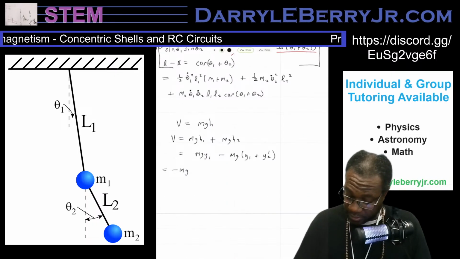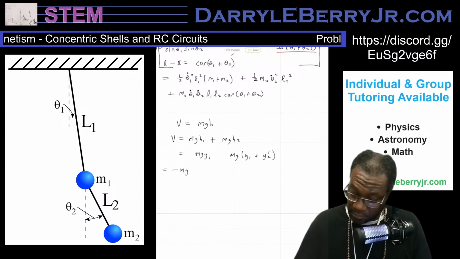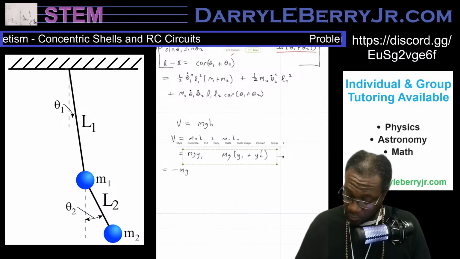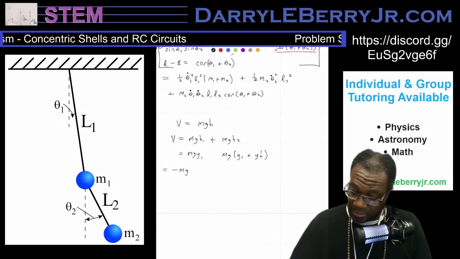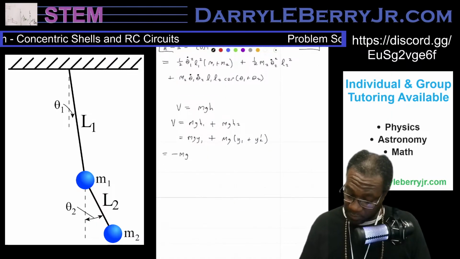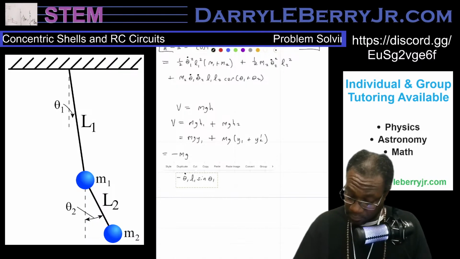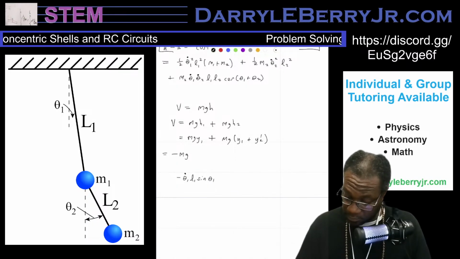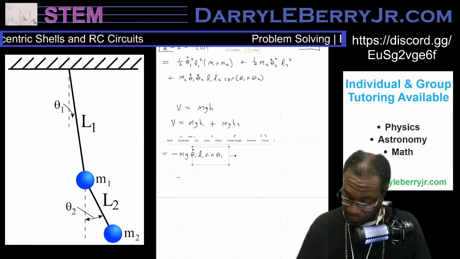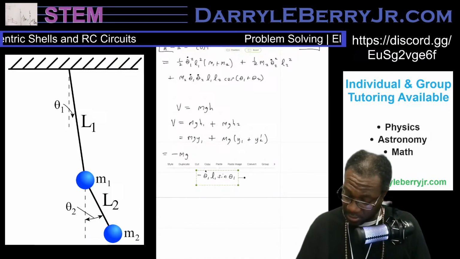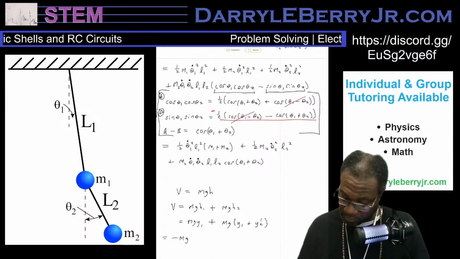If I put the negative on the earlier, I'll put it in twice. Put the negative on there twice. Right? So I have negative mg, the derivative one.